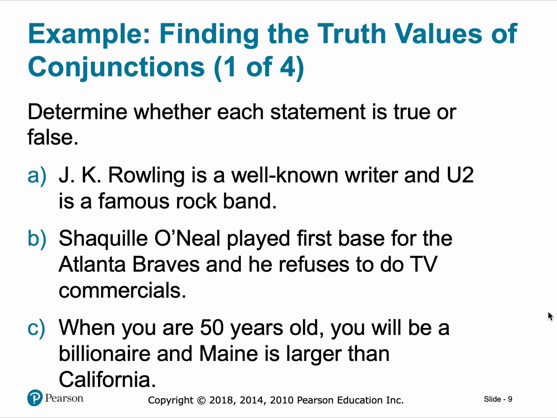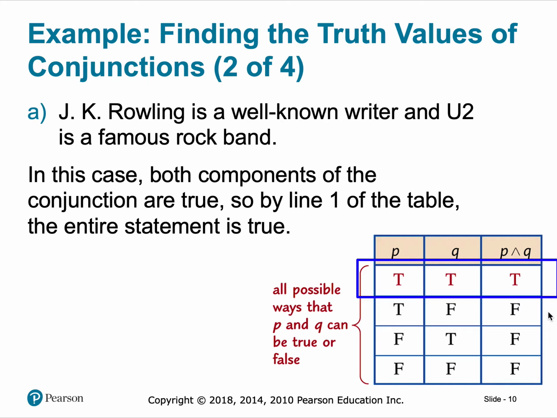So J.K. Rowling is a well-known writer and U2 is a famous rock band. I have 2 different statements happening here formed with a conjunction. So in the English language, this is a compound sentence, and in logic, this would be a compound statement. If we just look at that first piece, J.K. Rowling is a well-known writer, well, that is true. And then U2 is a famous rock band, that's also true.